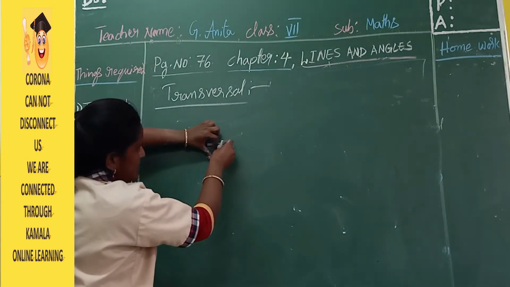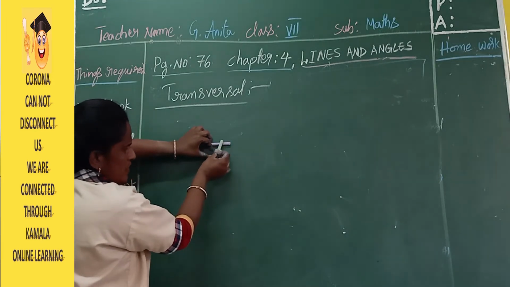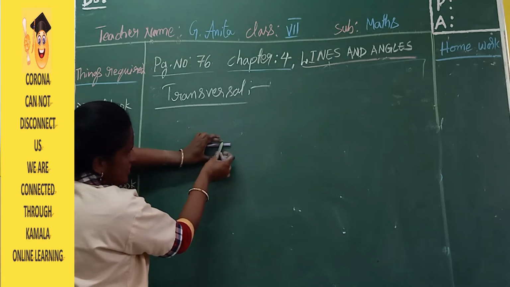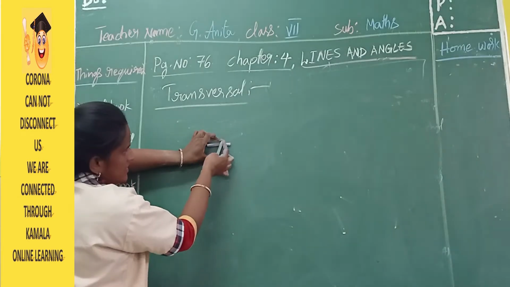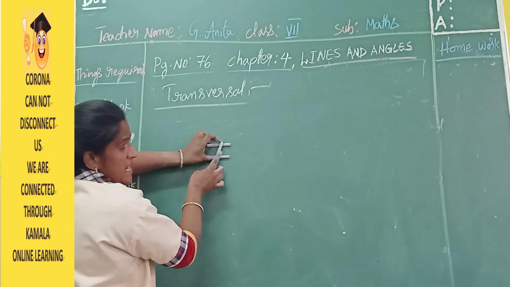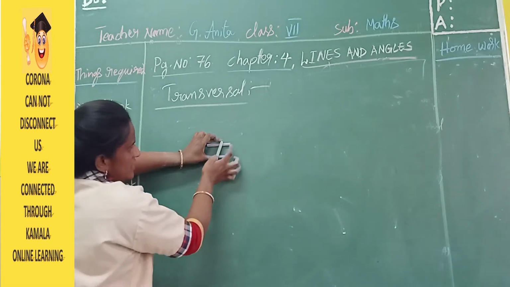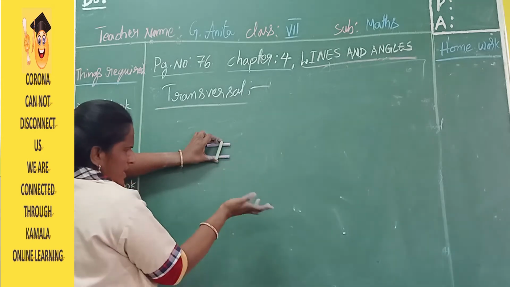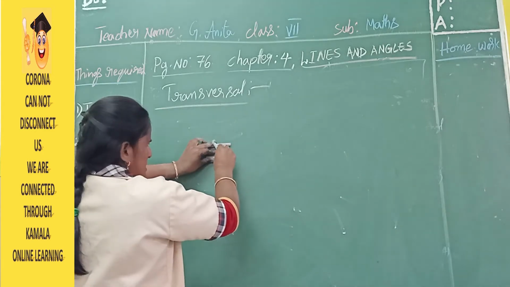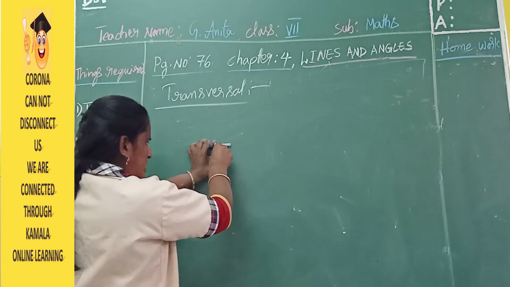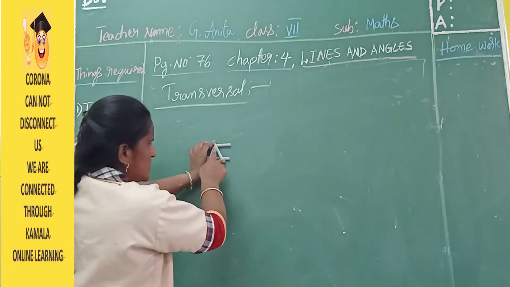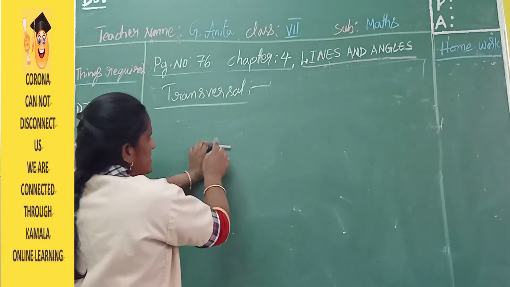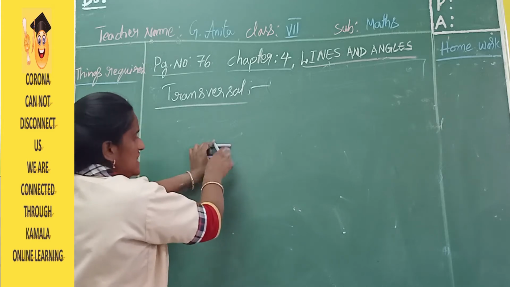This other line is intersected at two different points. This green colored chalk line is known as a transversal. Got it, students? These two parallel lines are intersected by this line at two different points. Then it is called a transversal.